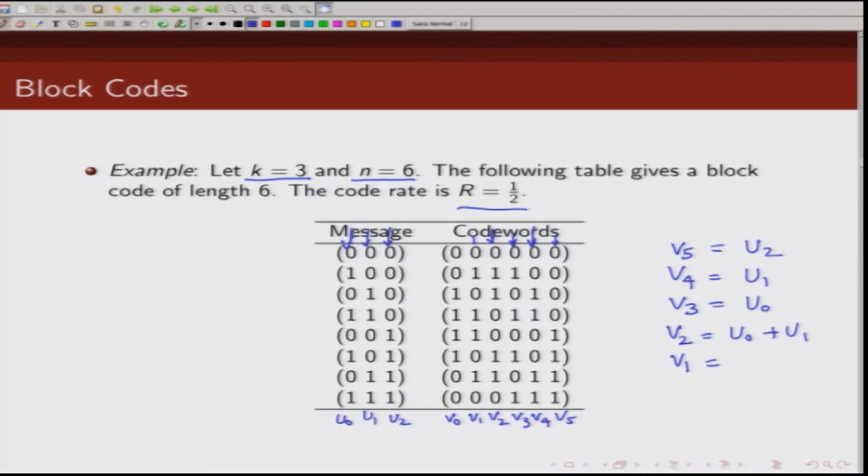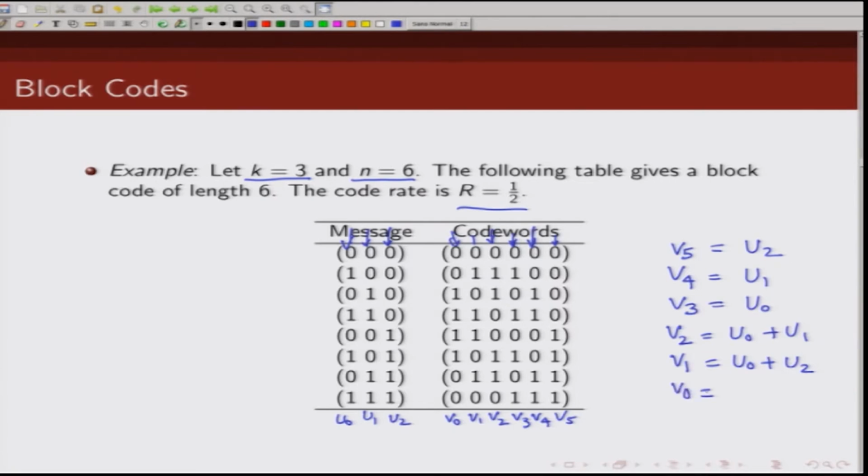So, 0 plus 0 is 0, 1 plus 0 is 1, 0 plus 0 is 0, 1 plus 0 is 1, 0 plus 1 is 1, 1 plus 1 is 0, 0 plus 1 is 1, and 1 plus 1 is 0. So, V1 is nothing but U0 plus U2. Okay. Now, look at last this one, V0.